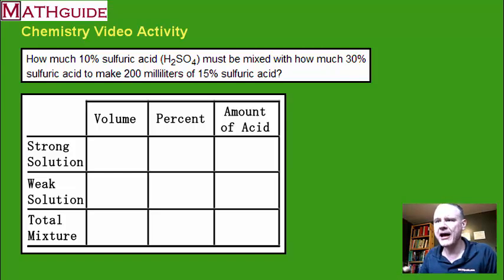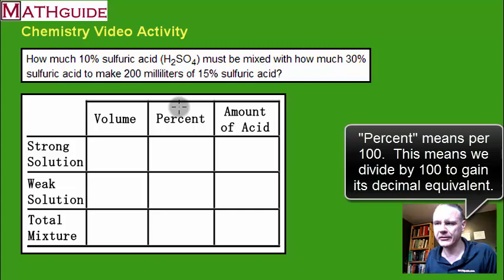So we have a 10% sulfuric acid, and then we have a 30% sulfuric acid. The 10% we would consider to be the weak solution, and the 30% would be the stronger of the two solutions. Before we put our percentages into the table, we have to change the percent to a decimal value.